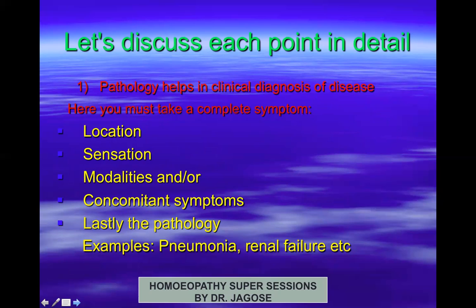The clinical diagnosis has already been made by the modern medicine doctor, and the patient has gone from one doctor to another doctor of modern medicine because the patient has not got much relief from the complaints. For example, let us take a case of bronchial asthma. The patient comes with a case of bronchial asthma. He goes from one doctor to another doctor.